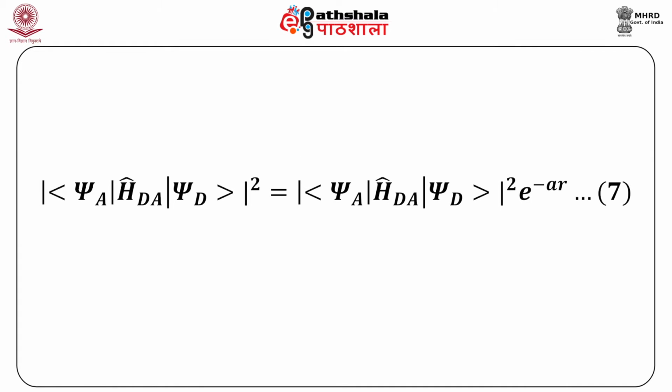The exponential dependence on distance in equation 7 is basically the same as the exponential reduction in transmission probability via a potential energy barrier that one meets in tunneling through a barrier.